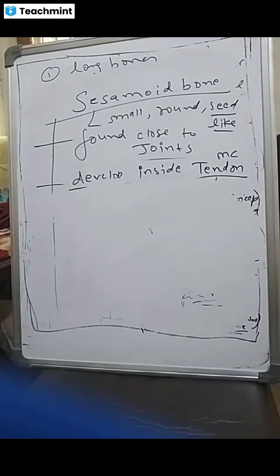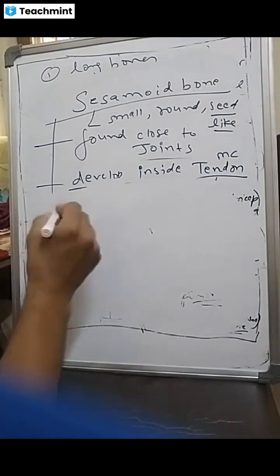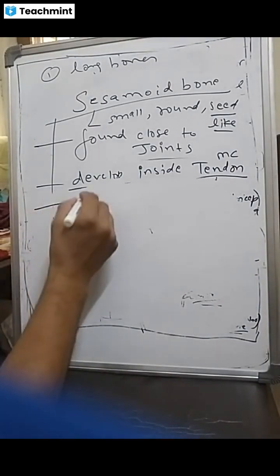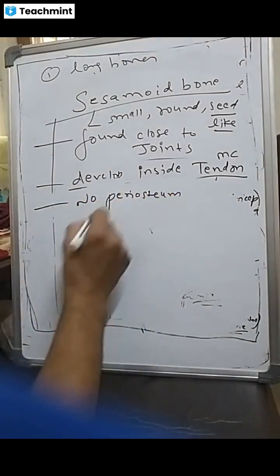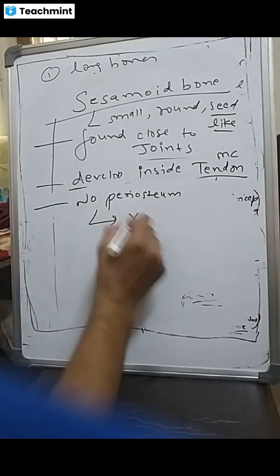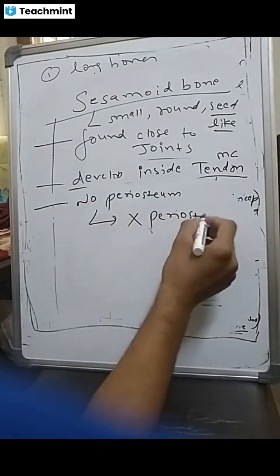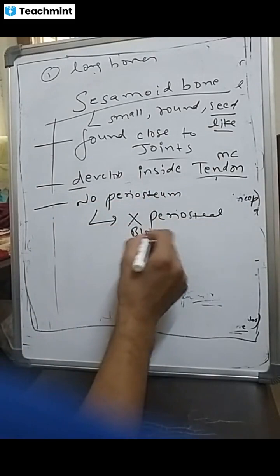One more important point about these bones: there is no periosteum. No periosteum means no periosteal blood supply.